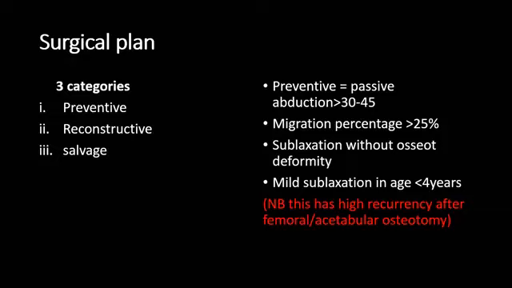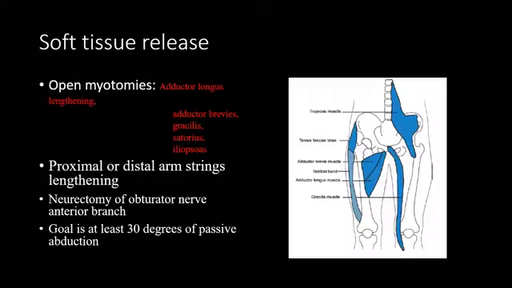That is, the femoral head is not deformed, and the acetabulum is not spherically deformed. You can go for preventive intervention. Mild subluxation in the young age group can also benefit from that category of treatment.